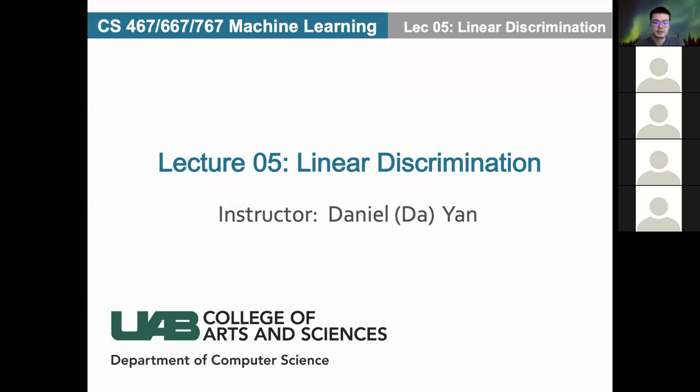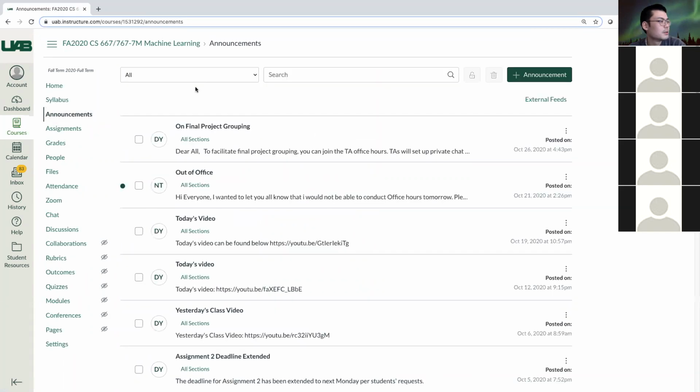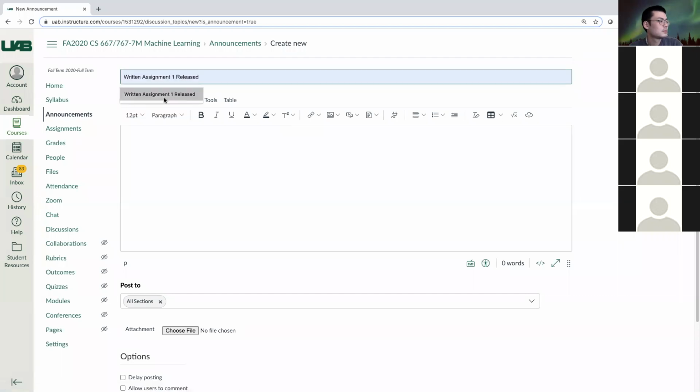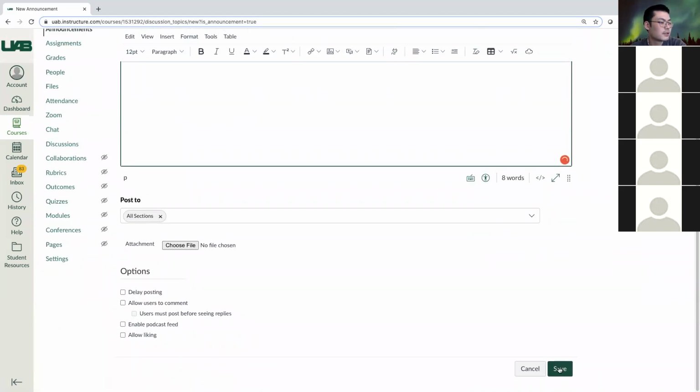Let me see. So I think one student mentioned that he cannot find the written assignment. Let me try to see. So on this page, let me send an announcement, so that everyone will get a notification.